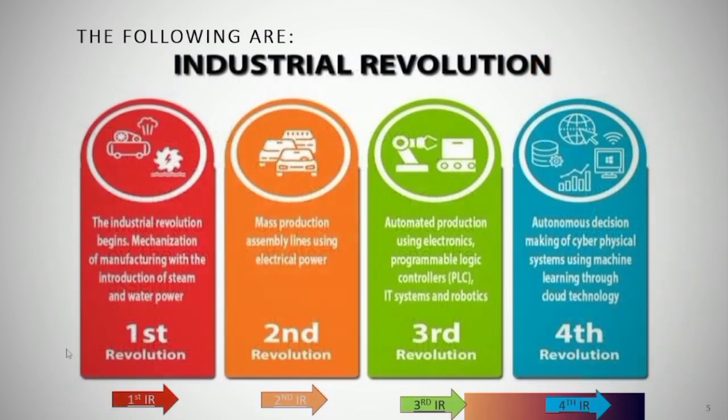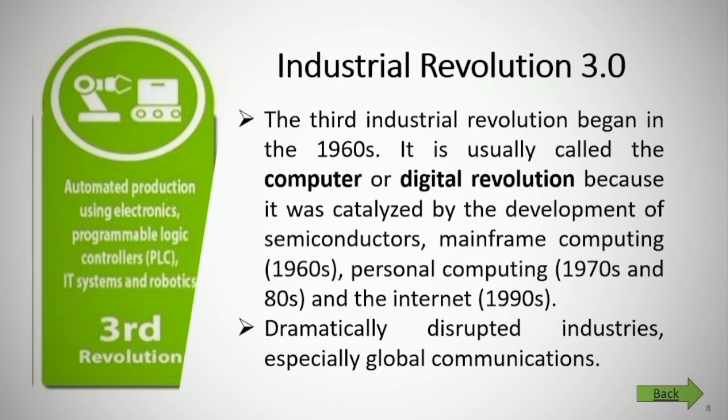So next, let's proceed to the third revolution, which is the automated production using electronics, programmable logic controllers, IT systems, and robotics. So here, Industrial Revolution 3.0, the third industrial revolution, began in the 1960s.